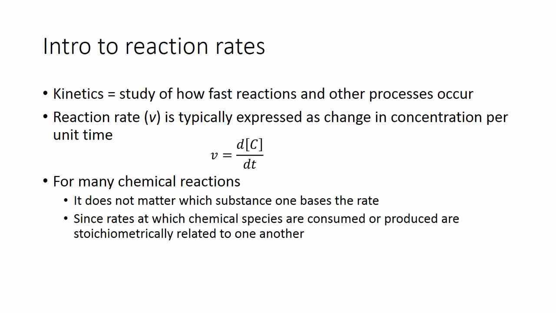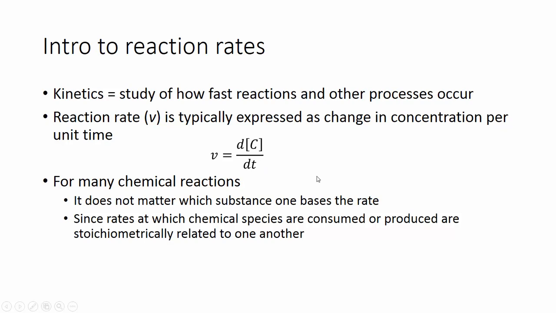The study of kinetics is the study of how fast reactions and other processes like this occur. We typically study kinetics by first talking about reaction rate, which, if we're talking about enzymes, is typically expressed as the change in concentration of a substrate or a product per unit time, or dc/dt, as we see right here.